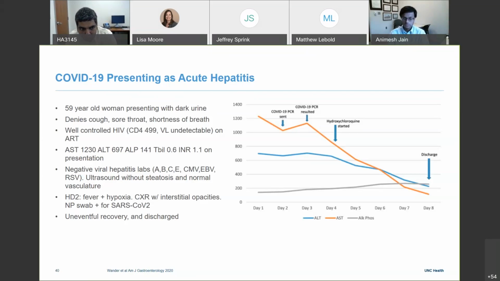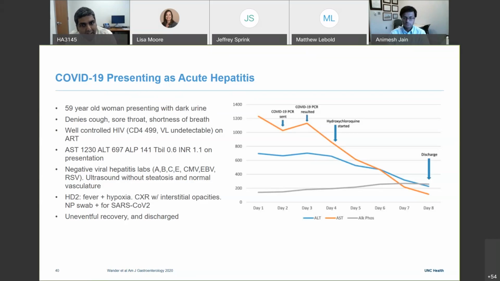Notably, she was not jaundiced. INR was normal. Her alk phos was also relatively normal compared to her other transaminases. They checked her for acute viral hepatitis, including CMV, EBV, and RSV, which were all negative. Had an ultrasound that was normal as well, didn't show any steatosis.